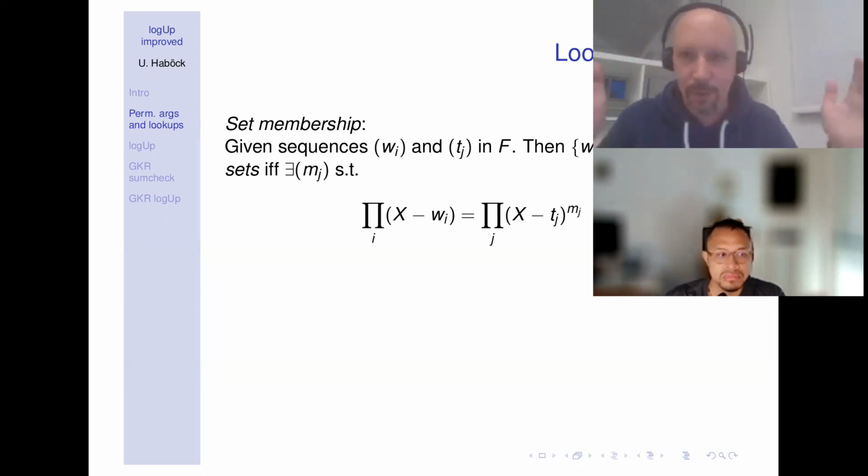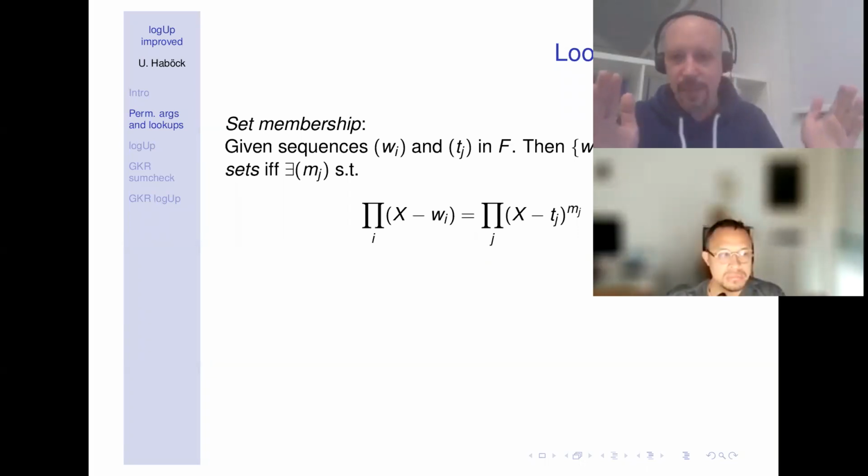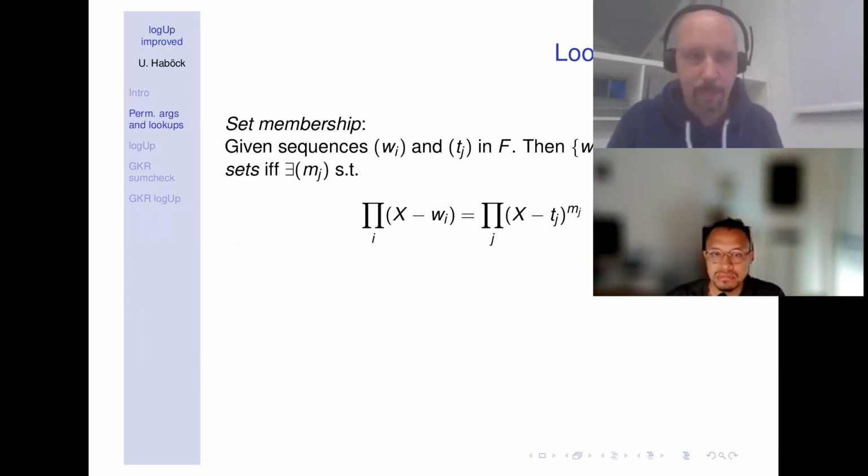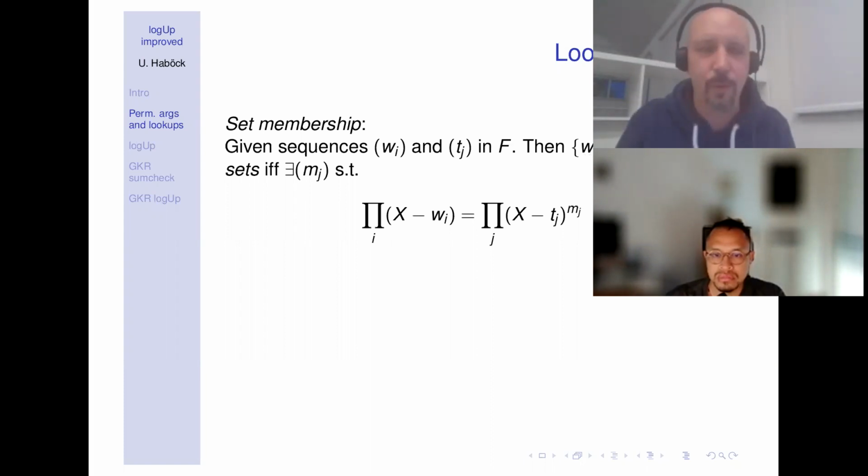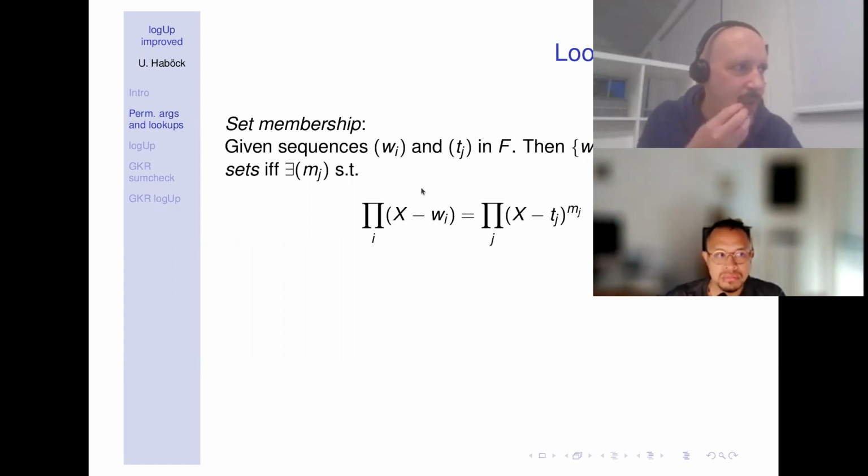So if you collapse the sequences down to sets, you remove multiplicities, then the set of the witness elements is contained in the set of the table elements.